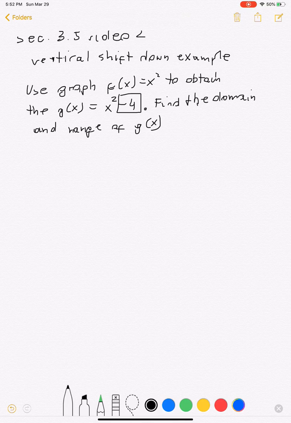Okay, so note g of x is a vertical shift of f of x by 4 units down.